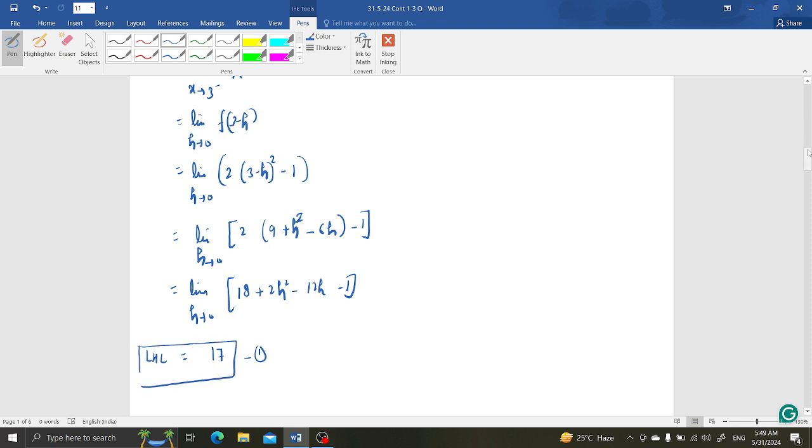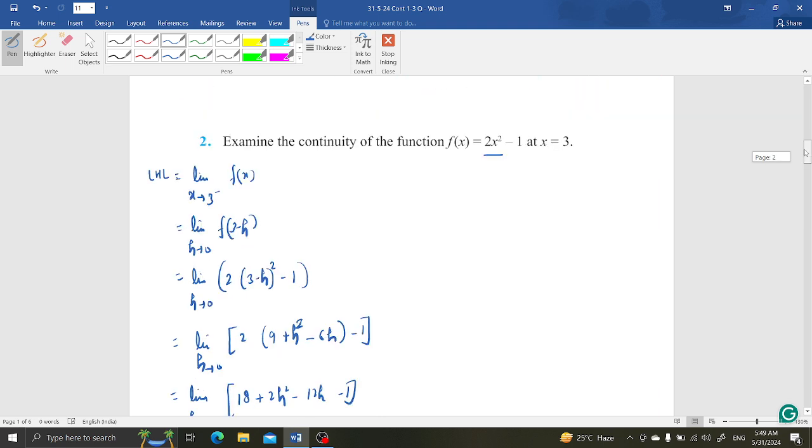Now we need to evaluate our RHL. How can we evaluate it?